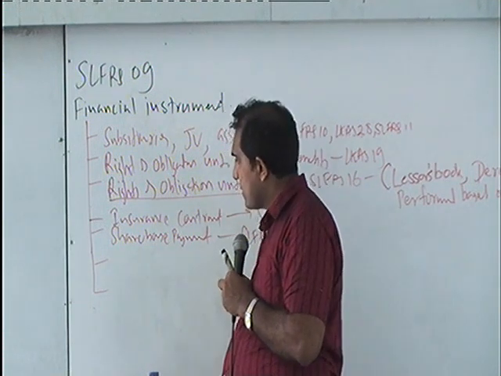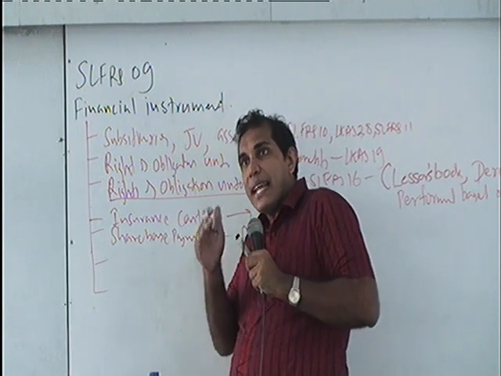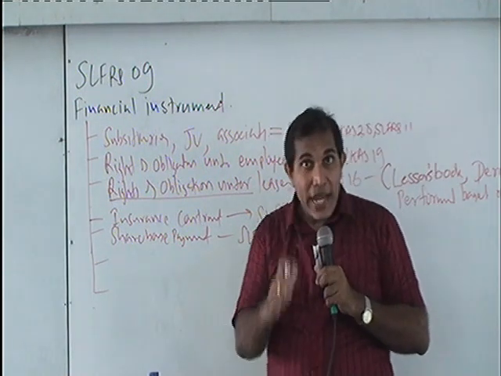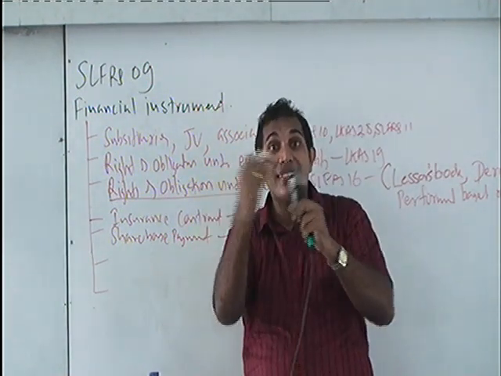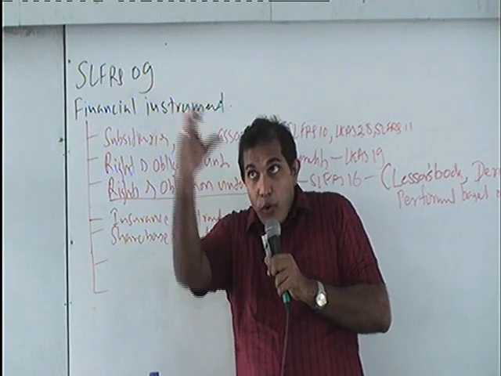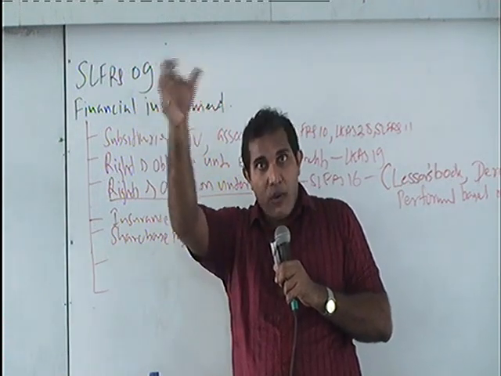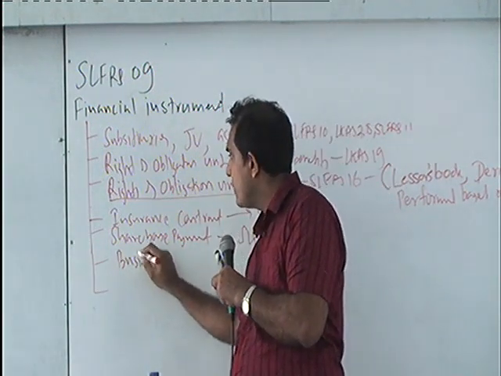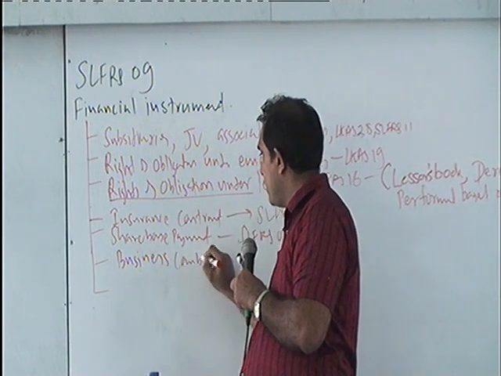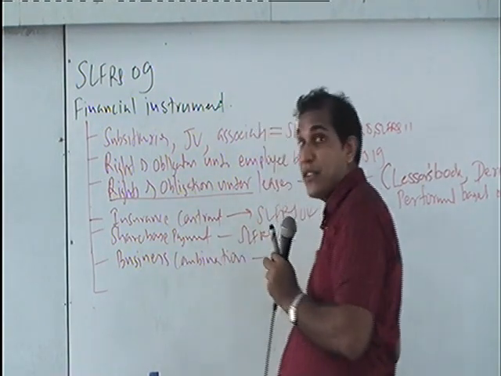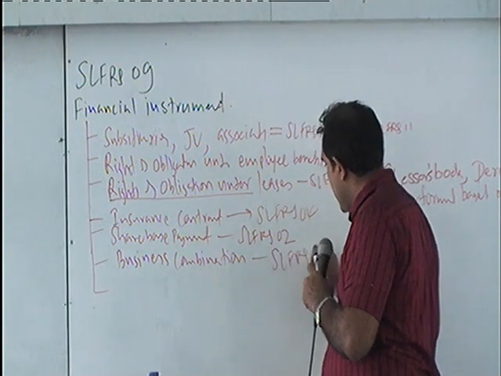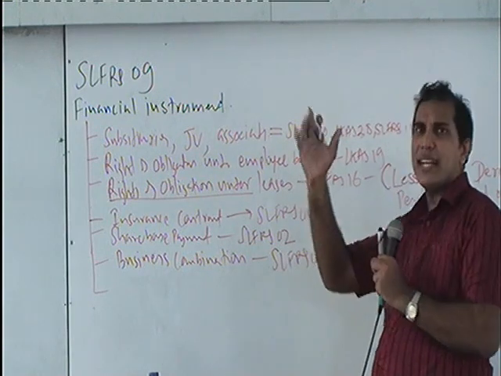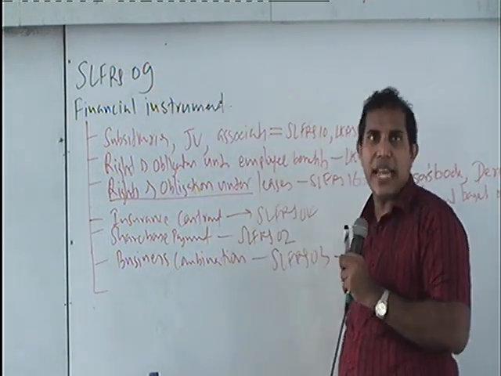Then sometimes we can sign an agreement between acquirer and acquiree in a business combination, like a forward contract. In business combination there is a specific standard, SLFRS 3. So those things would be discussed under SLFRS 3. No need to use SLFRS 9.